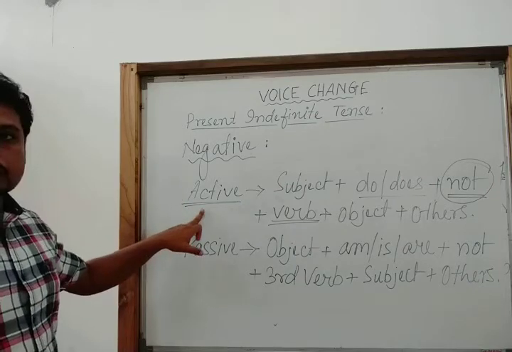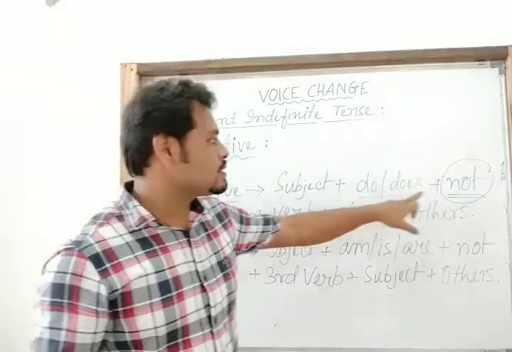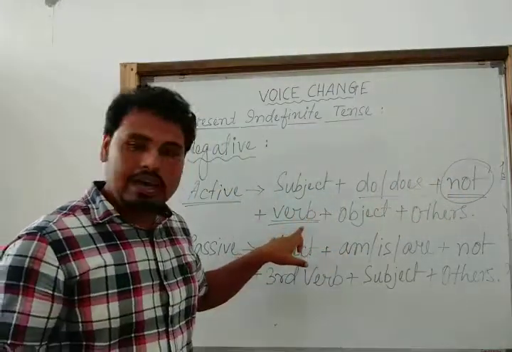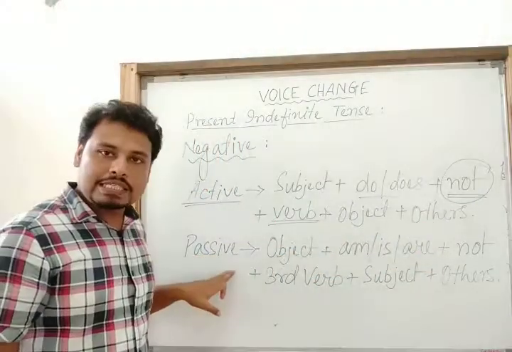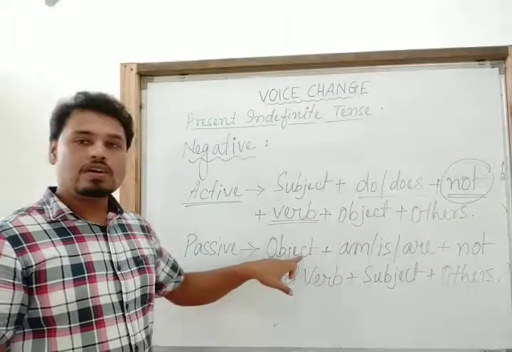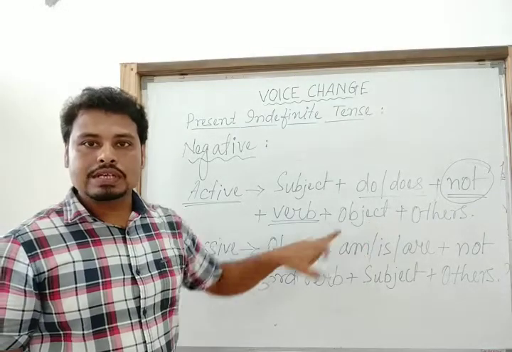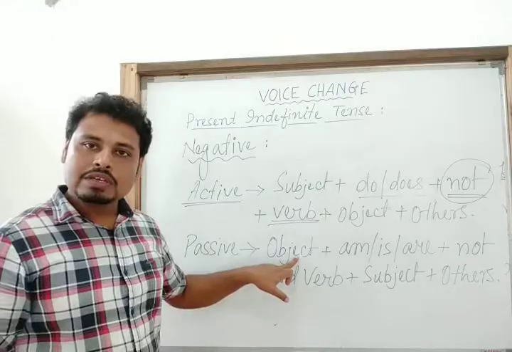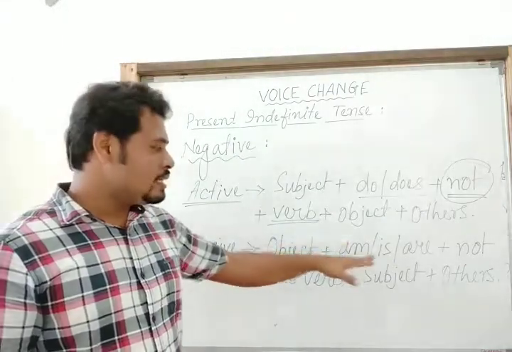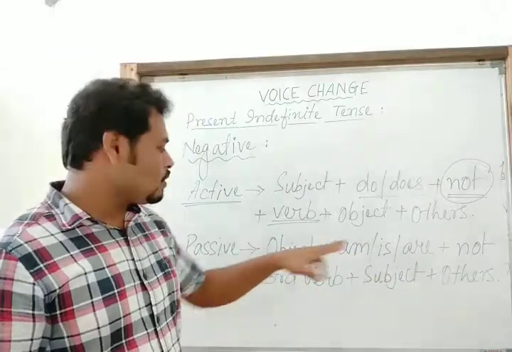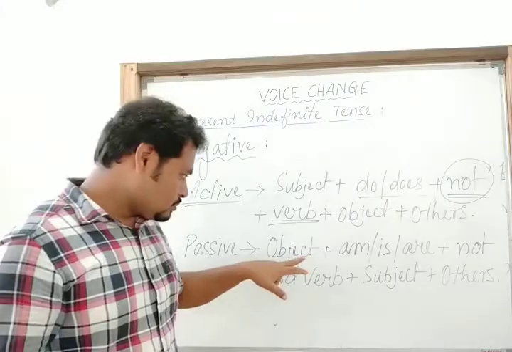One is the active structure where we have subject, do or does, not, verb, object and others. And in the passive we have the structure like object, because this object is going to be used as the subject here. Then be verb, we have to use am, is, or are, depending on the subject, which number it is.